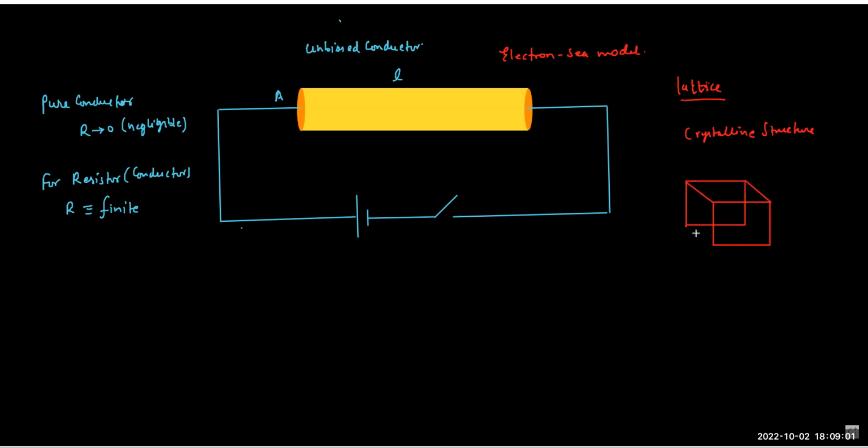And in case of a crystalline structure, we have something called the unit cell. The corners are generally occupied with atoms. So we have corners which are predominantly occupied with atoms.